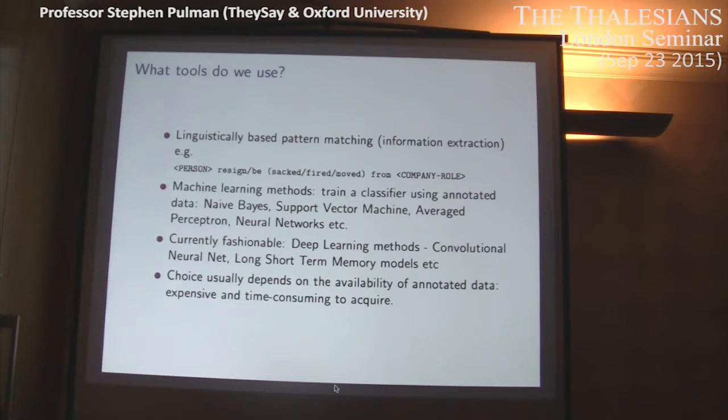The oldest dates from what you might call symbolic AI days, which you can think of as pattern matching, but pattern matching that's linguistically informed, in that rather than looking for particular keywords and combinations of them, you can look for richer patterns, and you can build in variants in such a way that variation in the way something is expressed that isn't important can be abstracted away, allowing you to capture the things that are of interest.